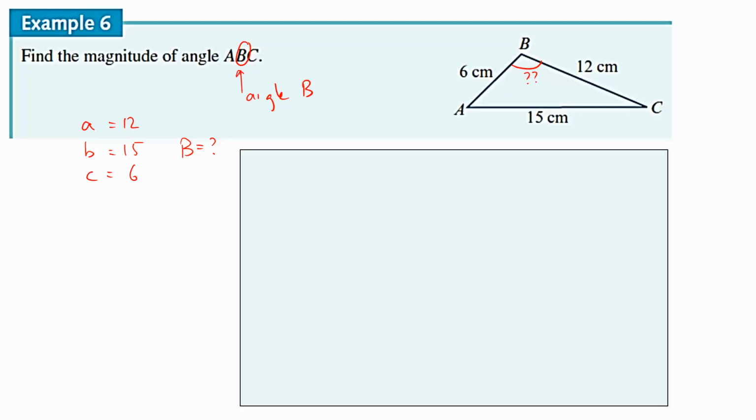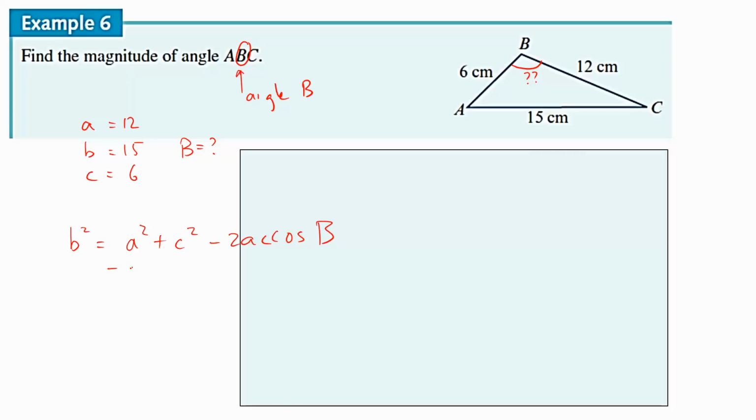If I want big B, remember little b squared equals a squared plus c squared minus 2ac cos of big B. Now you can rearrange all this to get B, because you've got little a, little b, little c, and you're trying to find big B. You can move it all across.